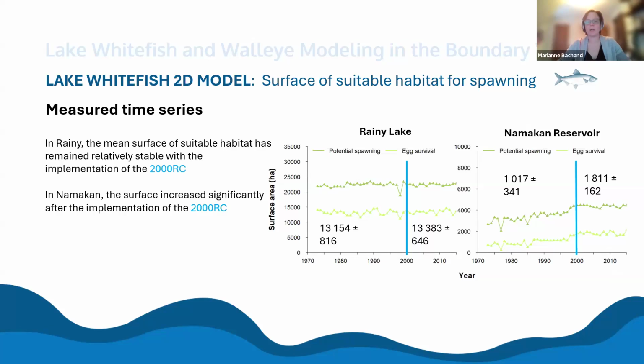Here you have it for the measured time series. So in Rainy, the mean surface of suitable habitat has remained relatively stable with the implementation of the 2000 rule curve. And in Namakan, the surface increased significantly after the implementation of the 2000 rule curve. I don't have the result for you on that slide, but the 1970 rule curve was reducing the egg survival probability in Namakan Reservoir by a lot.